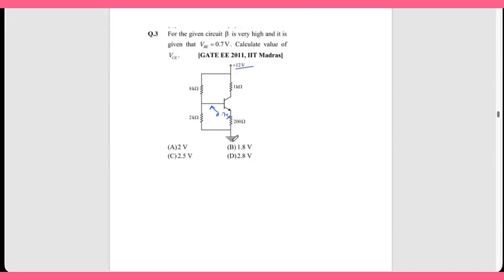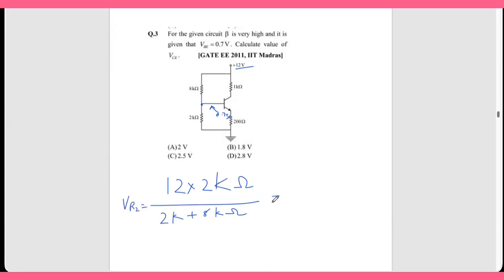If this is 12 volt, then this voltage is the voltage across R2. Voltage across R2 will be VCC into R2 by R1 plus R2, that is 12 into 2 kilo ohm by 2 kilo ohm plus 8 kilo ohm.